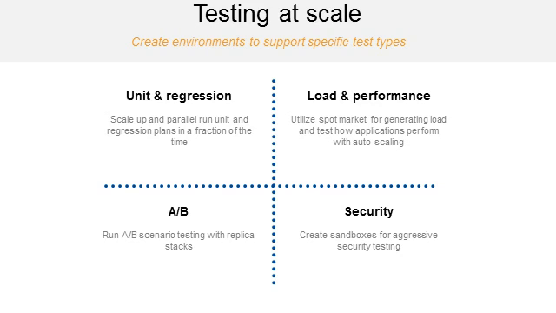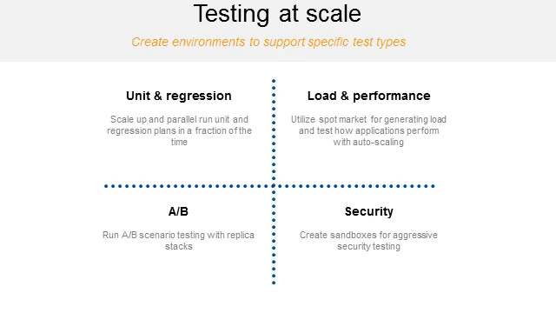Security, where you may want to create sandboxes for aggressive security testing. And then lastly, A/B testing, where you might want to assess the popularity or performance of different stacks and control the flow of traffic to 2 or more stacks in order to enable you to do that. We believe AWS can offer benefits across all 4 of those areas, so let's talk about that quickly.